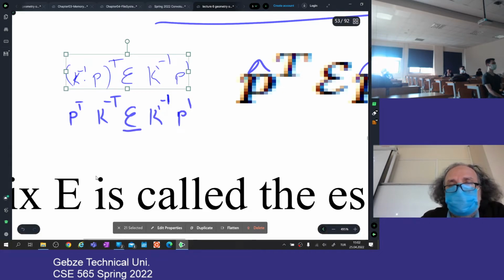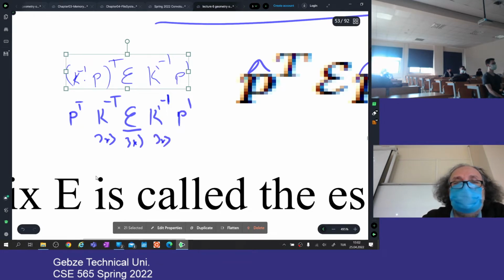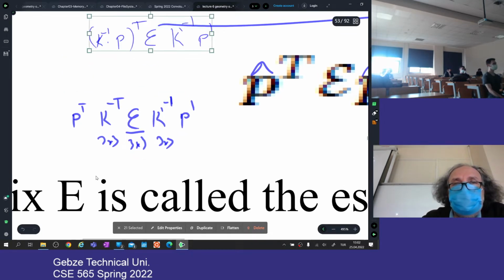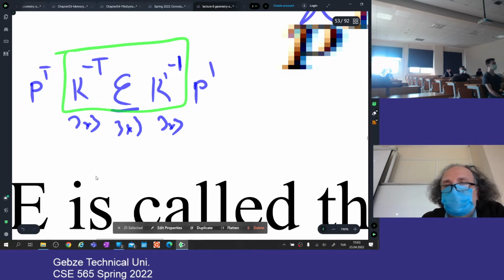This is 3 by 3, right? How about our K matrix? What is the size of our K? It is 3 by 3 again, and this one is 3 by 3 again. So if I multiply these three matrices, I get a new matrix, and it is called the fundamental matrix.